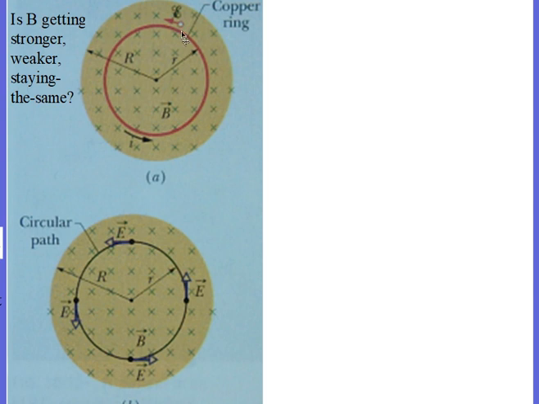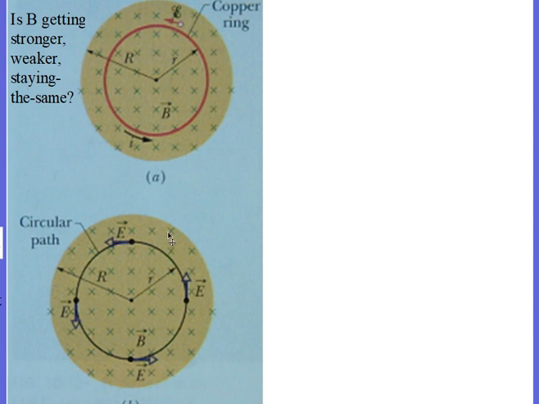And then we have this copper ring sitting in here. And as a result of changes in this magnetic field, changes in the flux through this copper ring, there's an EMF pointed as indicated by the arrow. There is a current flowing as indicated by the arrow. Well, based on that, I would like you to tell me whether this magnetic field is getting stronger or weaker or staying the same strength.